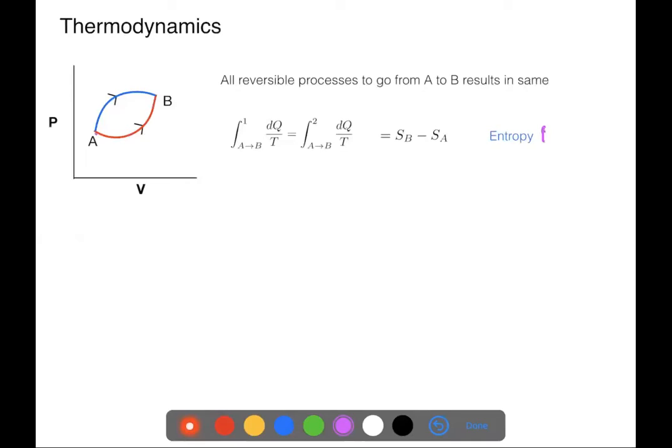And then if you do it in two different ways, the change in the heat input divided by the temperature integrated over this process is the difference of entropy. It's something that does not depend on which path you take as long as both of them are reversible. Okay, so it's a formally well defined, but a bit complicated definition that you go through to define entropy.